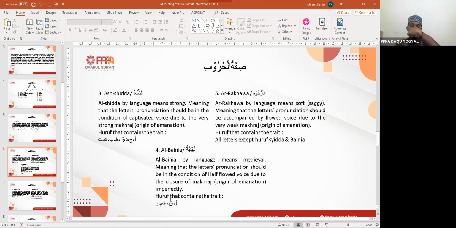So in these three traits, you may have to memorize the huruf of sifat ashiddah, ajid qatim bakat, and al-bainiyah, lin umar, five letters. Okay, let's move on.